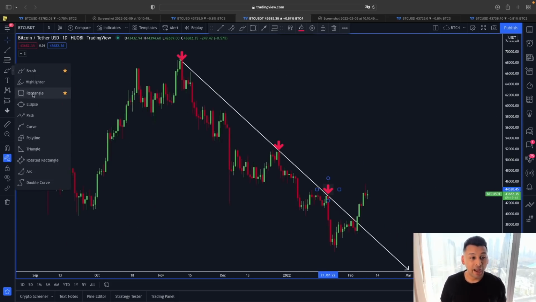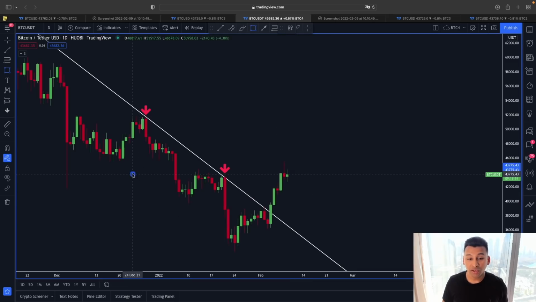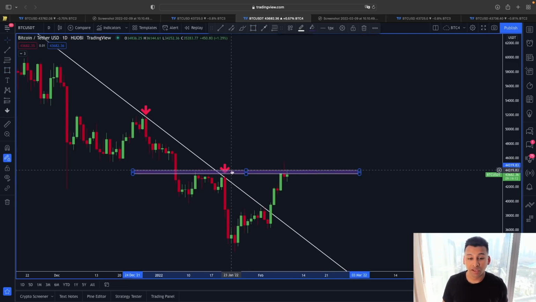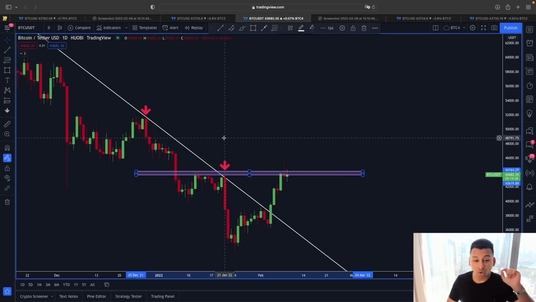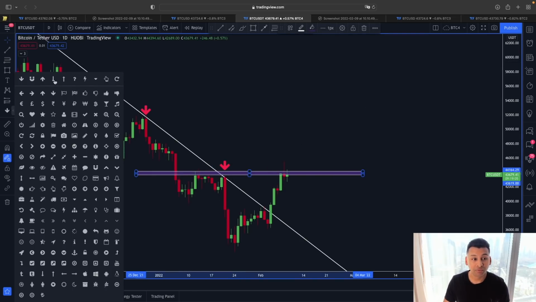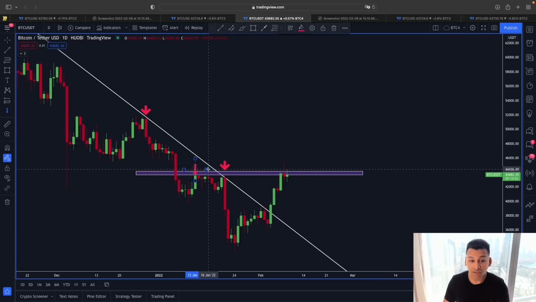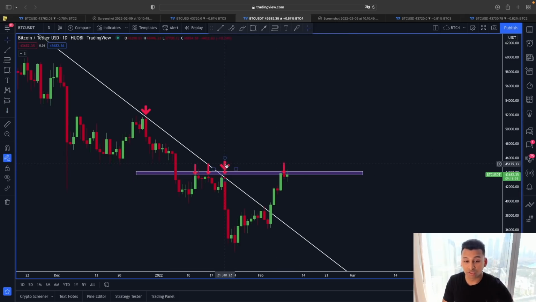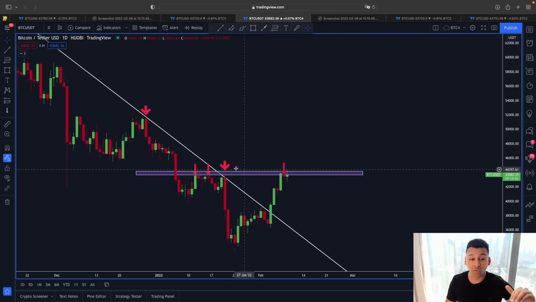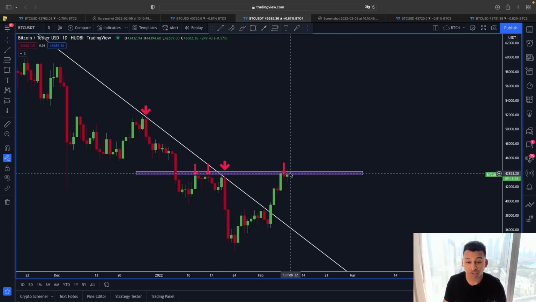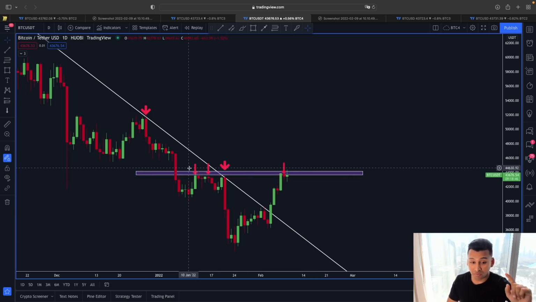For that, I am going to add this one trend line, because if you look at it properly, this horizontal line has also been a very strong line of resistance in past Bitcoin price action. So when the price of Bitcoin came across this horizontal line around the 45,000 range, we got a rejection, because we already had a rejection there in the past. That's one reason why we are getting rejection.